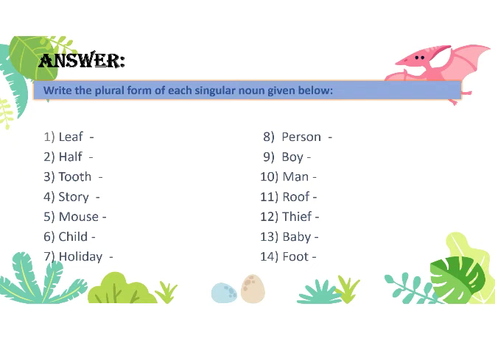Answers. So students, come, we will discuss and find out the correct answers for the singular nouns. The first one, leaf. When a noun ends with F, what will we do? We will change that F to V and then we will add ES to it.